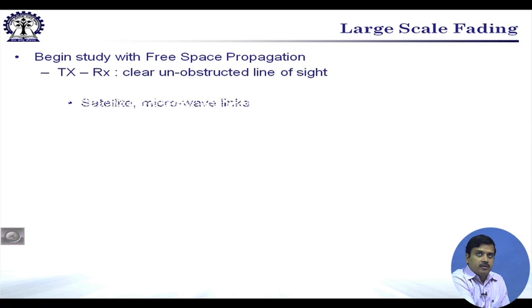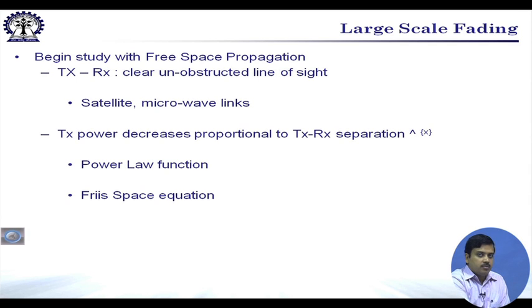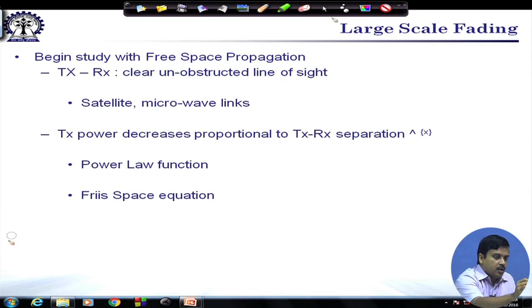So, we begin with the study of free space propagation models. Typical examples of such free space propagation models would be satellite links, where between the transmitter and the receiver there is no obstruction, and microwave links, where there is line of sight.